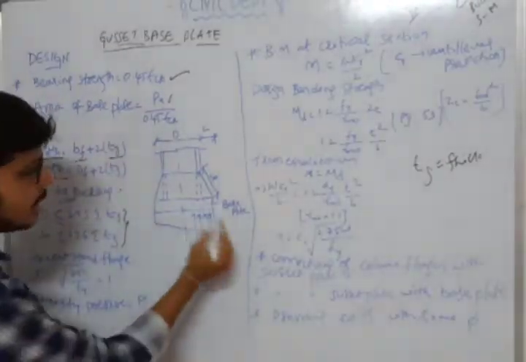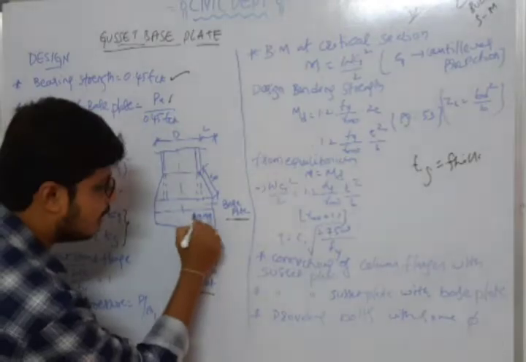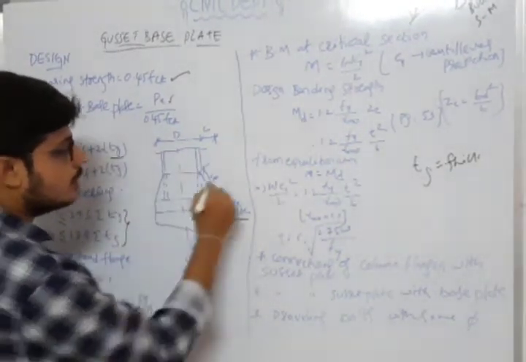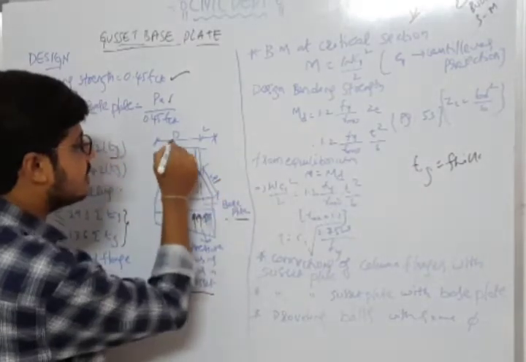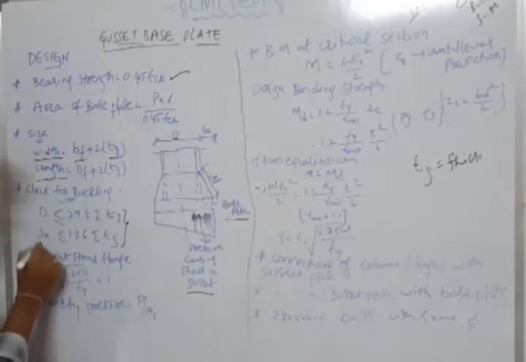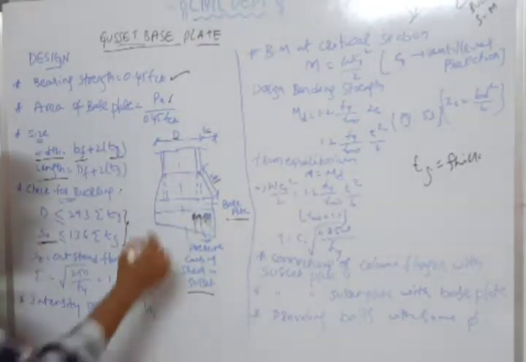We take this as a slab base plate, with the pressure acting on the gusset base plate. This is the column; this is S0, this is D, and this is the length. S0 is the outstand of the flange, and D is the depth.